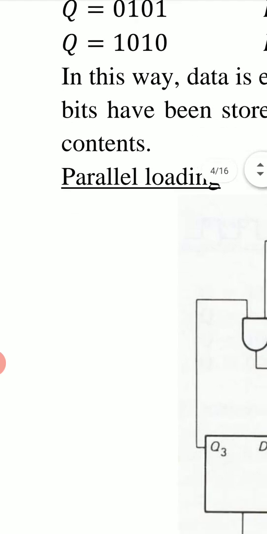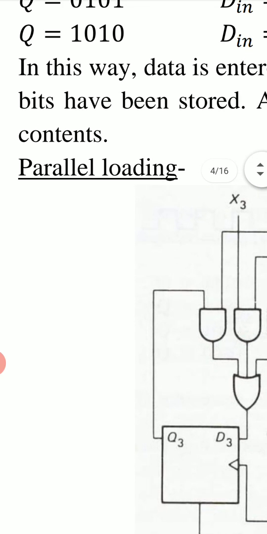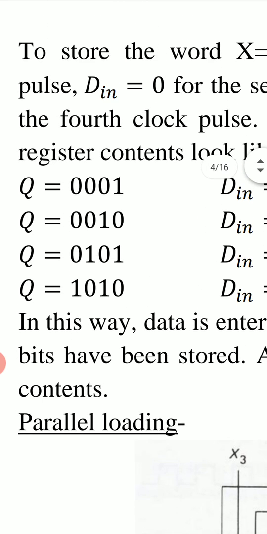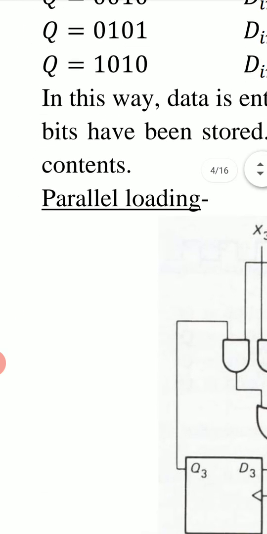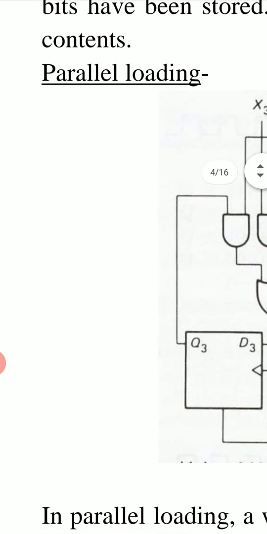Next is parallel loading. In serial loading, we are loading each bit serially. To store the 4 bits, we need 4 clock pulses. In parallel loading, we will load at the same instant in the first clock edge.